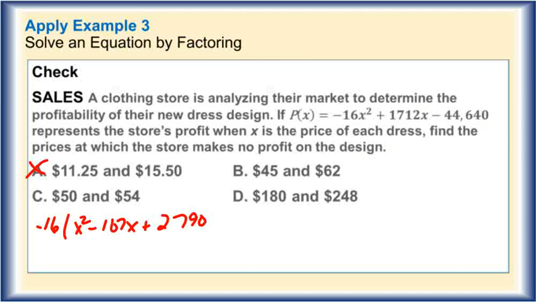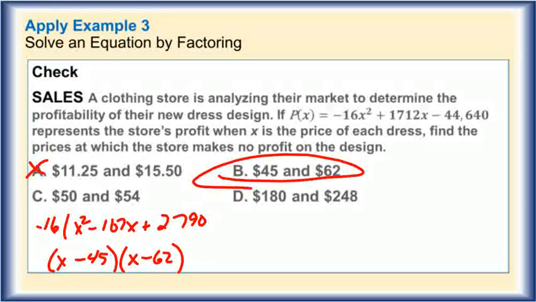And then if I were to add them together, and remember it would have been x minus 45 times x minus 62, if I were to take negative 45 plus a negative 62, that gives me a negative 107. So B would actually be the correct answer there.